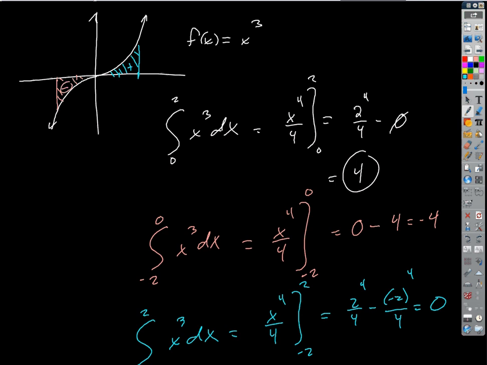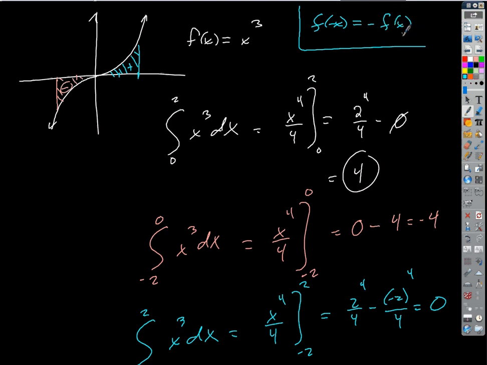Okay, so would you agree that f of x equals x cubed is an example of an odd function? Right, what's our test for an odd function? In general, for an odd function, f of negative x equals negative f of x, right?